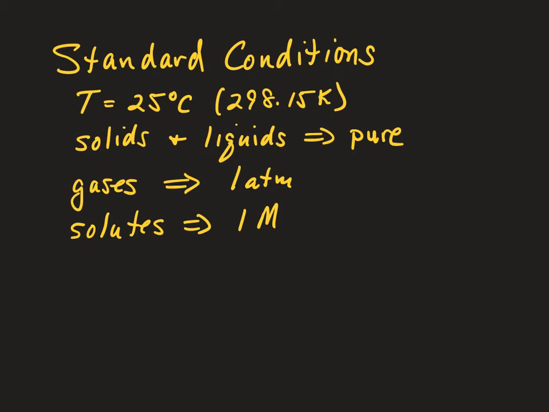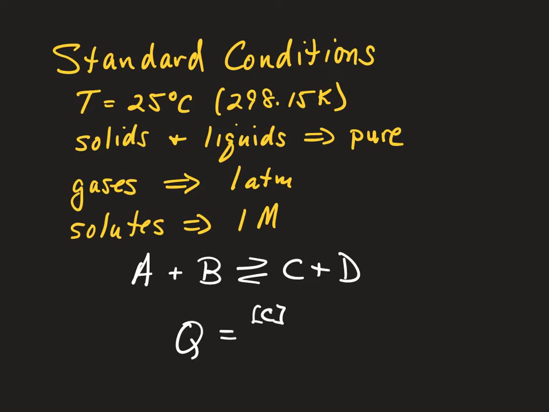So if we set up a reaction, so if we have A plus B makes C and D, and we make an equilibrium constant, or actually probably more appropriate would be Q, since we don't know that we're at equilibrium, right?